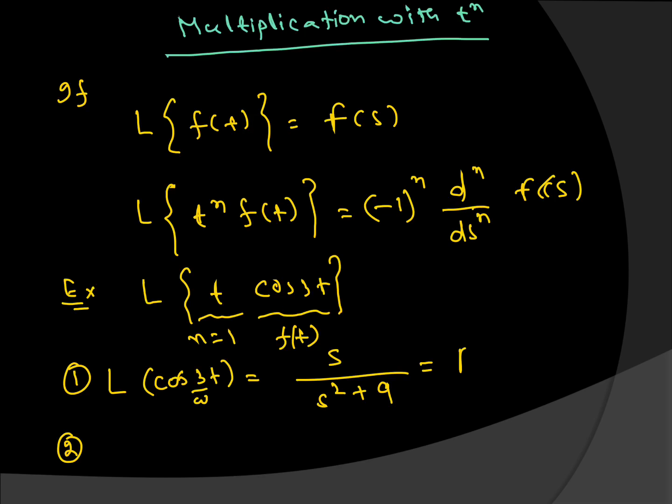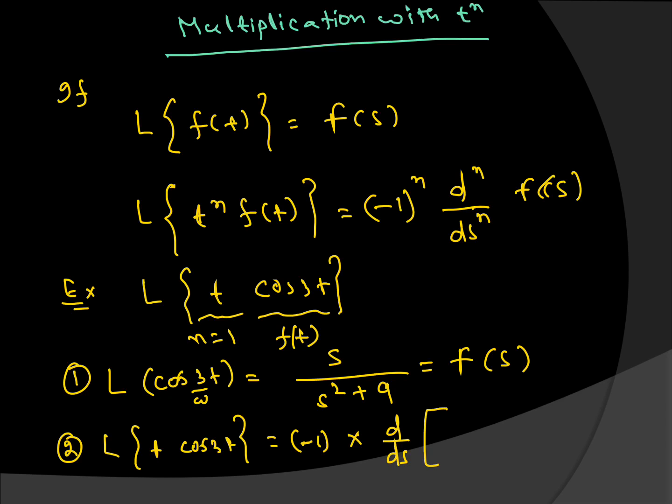Then in the second step, we will multiply by t: Laplace of t into cos 3t. We will get minus 1 to the power n, minus 1 to the power 1. So it's minus d by ds, a single time we have to do the derivative, of F of s, which is s by s square plus 9. It's in u by v form. Do the derivative in u by v form, then you will get your answer.